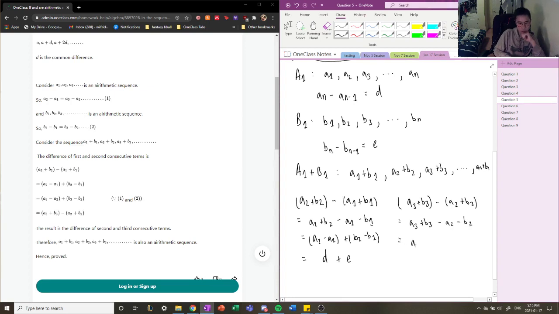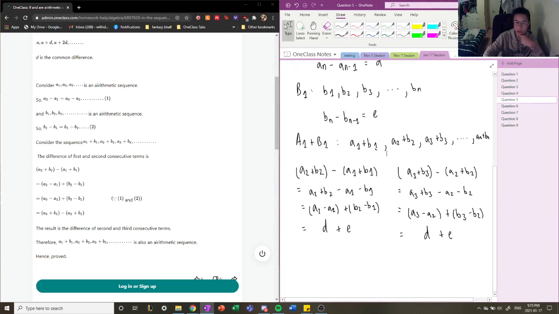If we rearrange it, we get A3 minus A2 plus B3 minus B2. A3 minus A2 is again D, and B3 minus B2 is again E. So the difference between the third term and the second term has the same common difference as the difference between the second term and the first term.